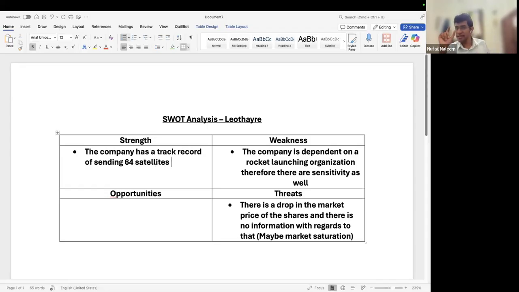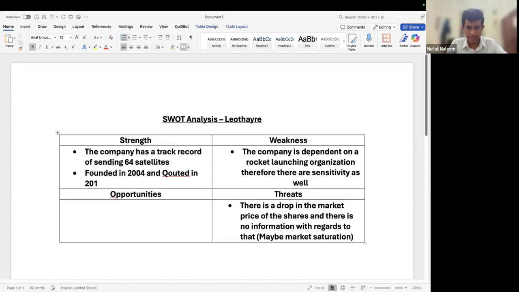Students, can I quickly get a Y in the chat box? 64 satellites is a bigger number, students. So they have a good track record already. And students, this is basics, founded in 2004 and listed in the stock market, quoted in 2017. Actually, it's a new industry. You have to be very careful.